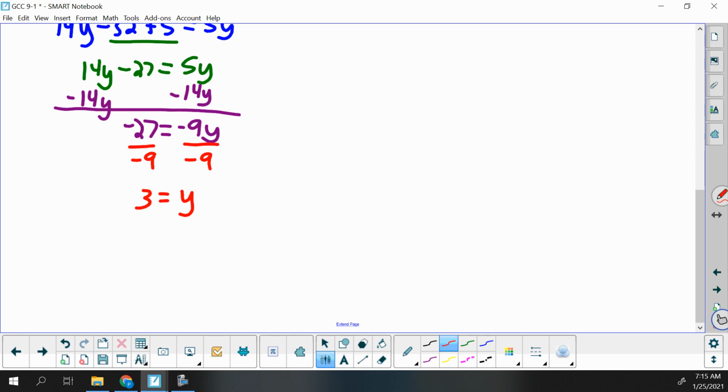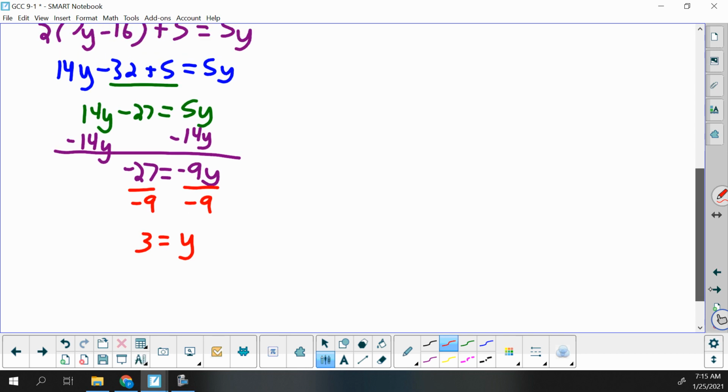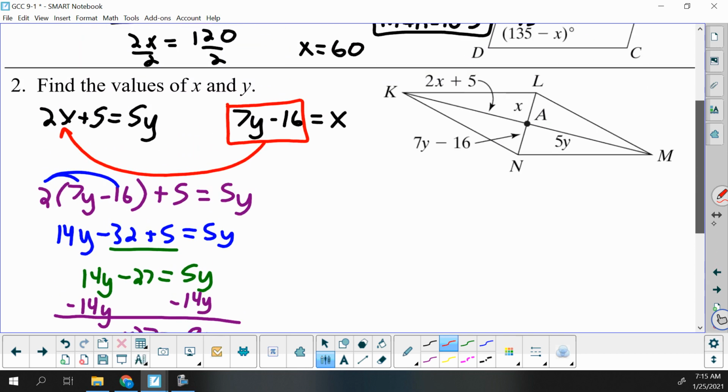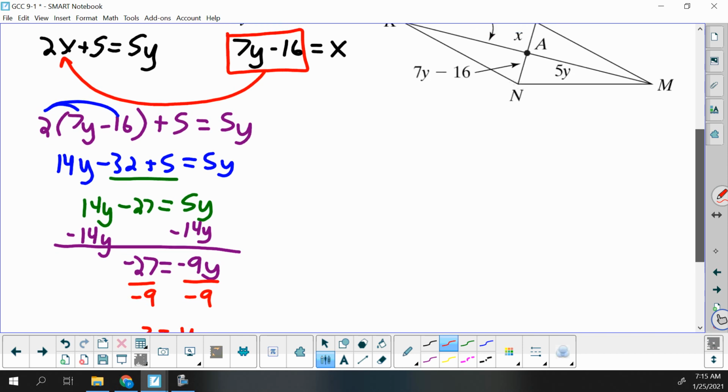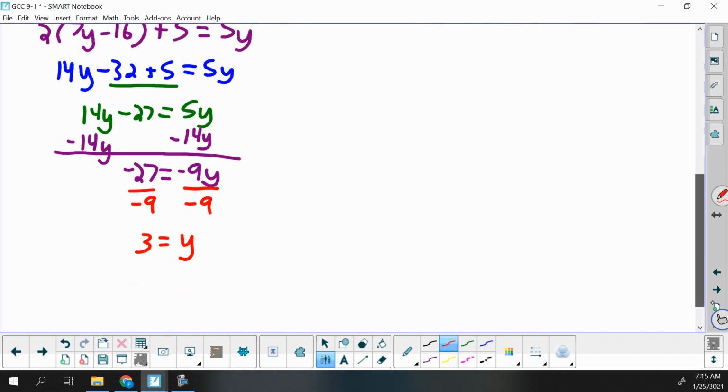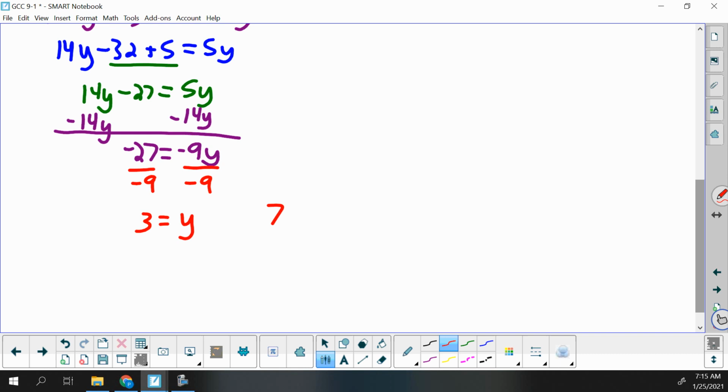Well, in this course, whenever you find a variable, go back up, reread the question, see if that's what we wanted. We wanted to find x and y, so we are halfway there. But then we have this 7y minus 16 equals x equation. You could really plug it into either equation.